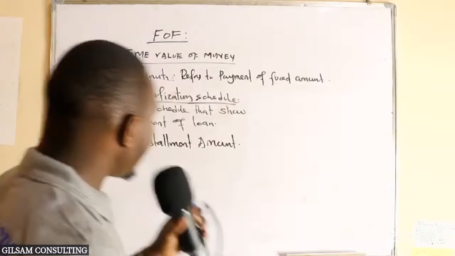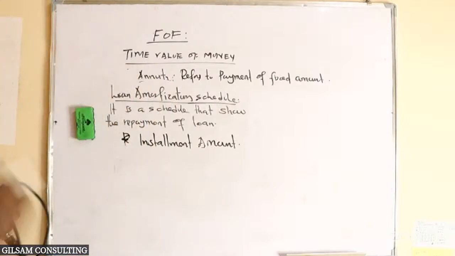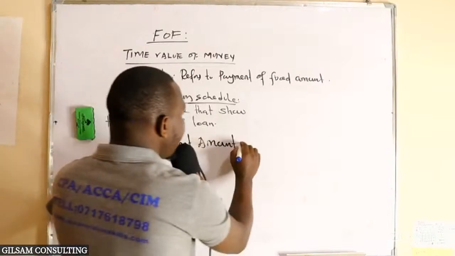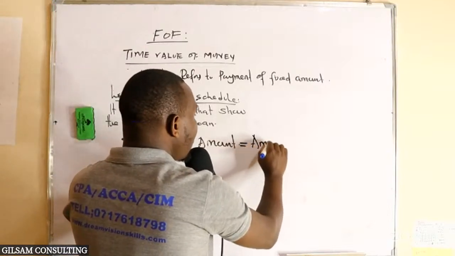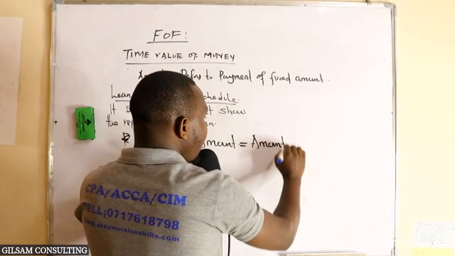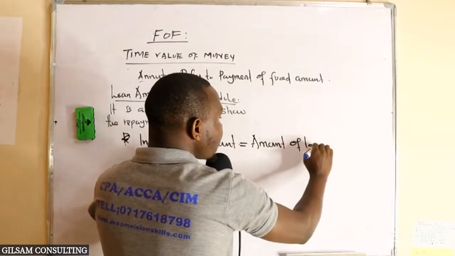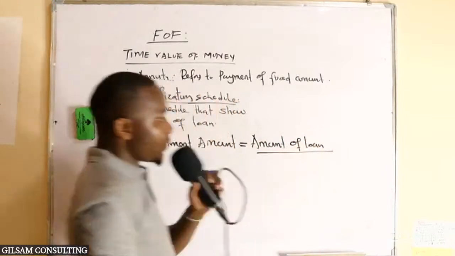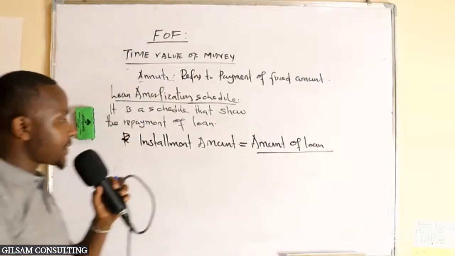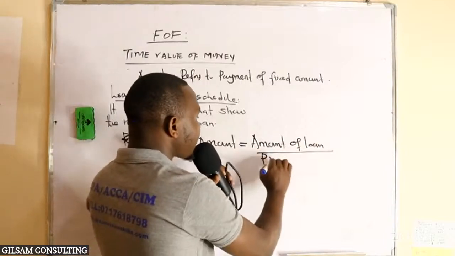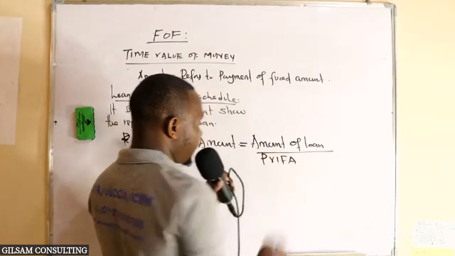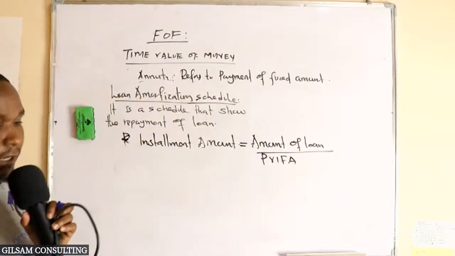The examiner will not give you the installment amount, so you have to get it. How? You take the amount of loan, you divide by the discounting factor, either PFIFA or PFIF.